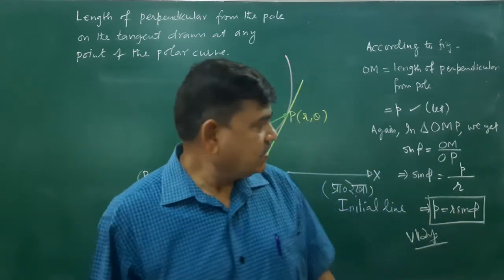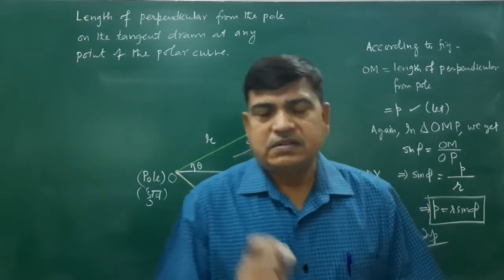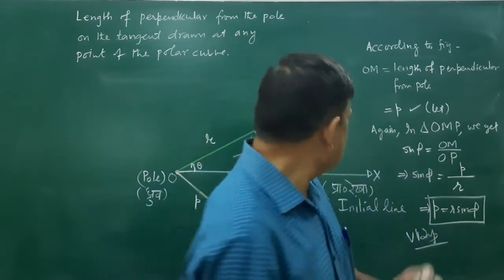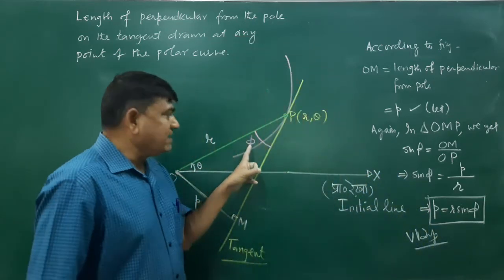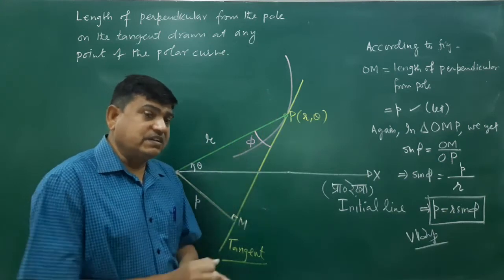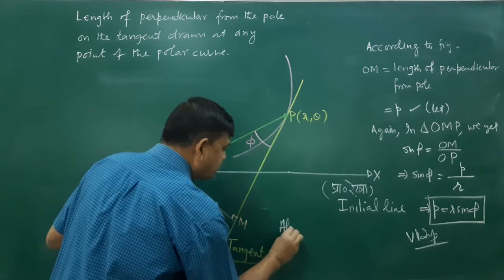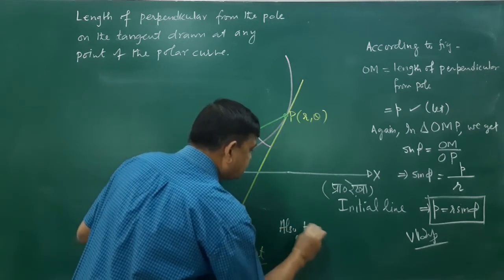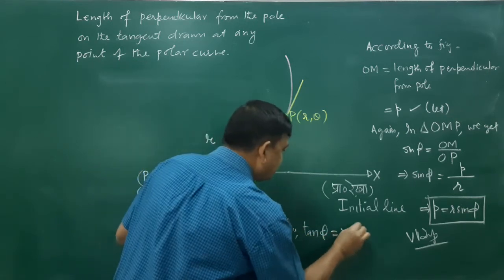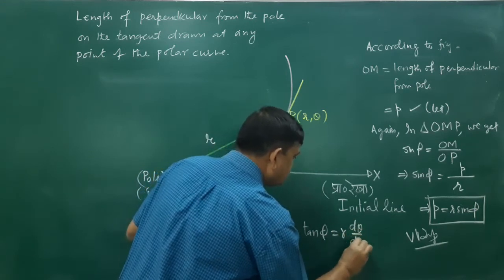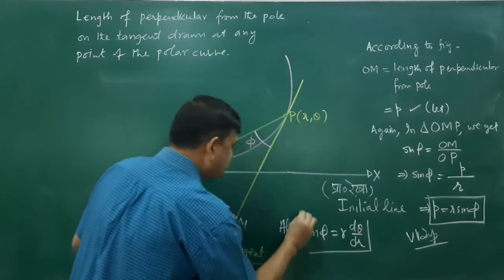You remember the formula when the angle is phi, but it is in terms of tan also. tan phi, you know that, is r d theta by dr. Okay, so these are the results.